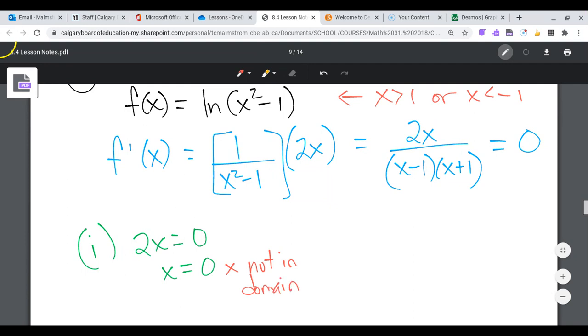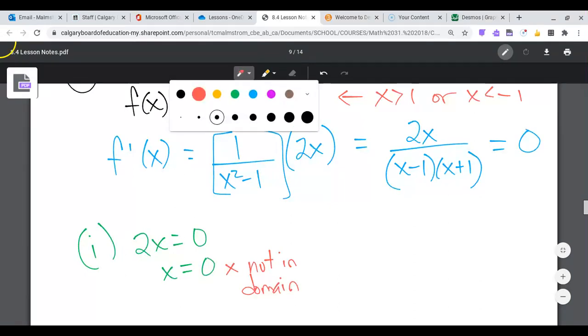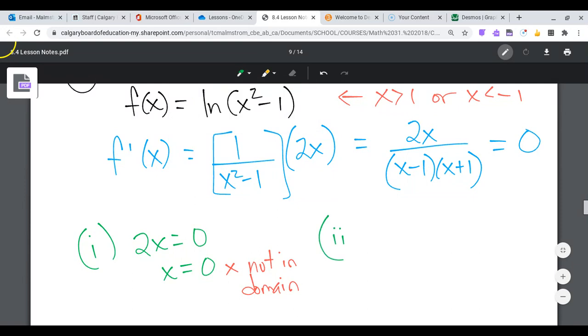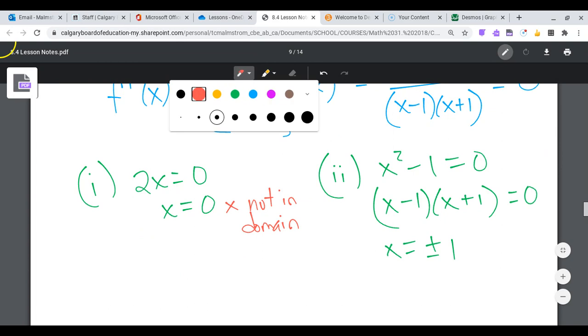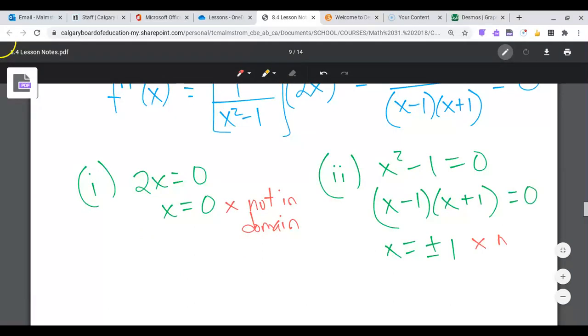And then what about the second piece? So you could look at it from the x squared minus 1 is equal to 0 and then factor it, or you could look at them separately, however you decided to do that. You would get that x is equal to plus or minus 1, which are also not in the domain because those are my vertical asymptotes.